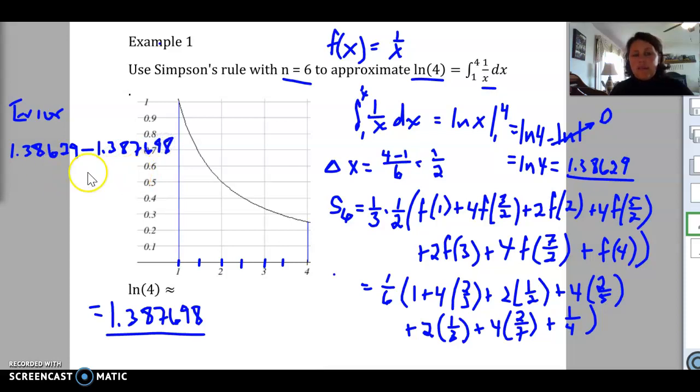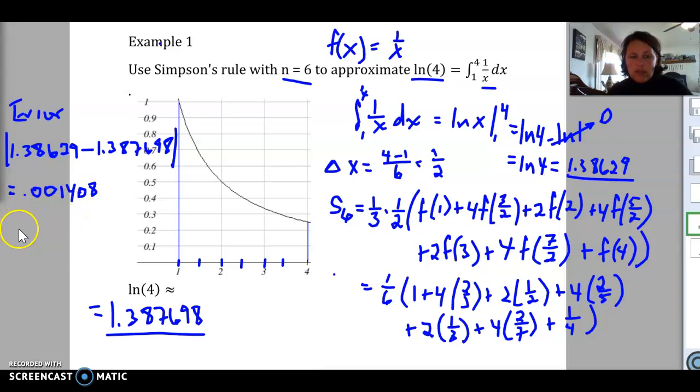And then we want the absolute value of that, so we don't care about negatives, just how far off it is in one way or another. And then my error was 0.001408. That's my absolute error.